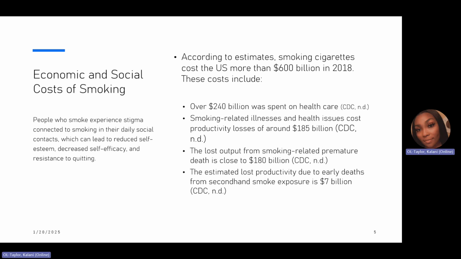A breakdown of these costs would be over $240 billion spent on healthcare related to health issues associated with smoking. Smoking related illnesses and health issues cost a loss of around $185 billion. The loss of output from smoking related premature death is close to 180 billion, and the estimated loss of productivity due to early deaths from secondhand smoke exposure is $7 billion.